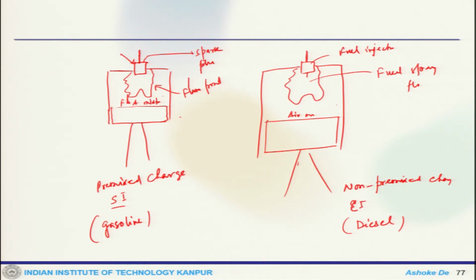In the SI engine or the gasoline engine, there is a chance of auto ignition or knocking because of your fuel air premixed, but in the diesel engine you do not have the possibility of knocking, but emission level is quite high.